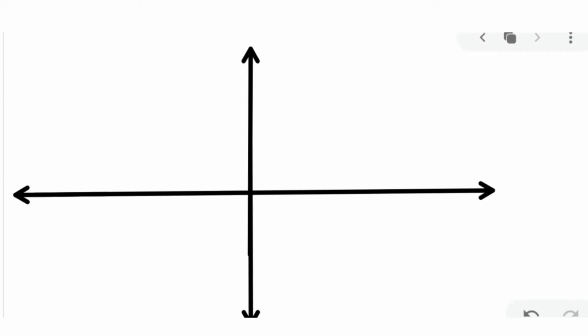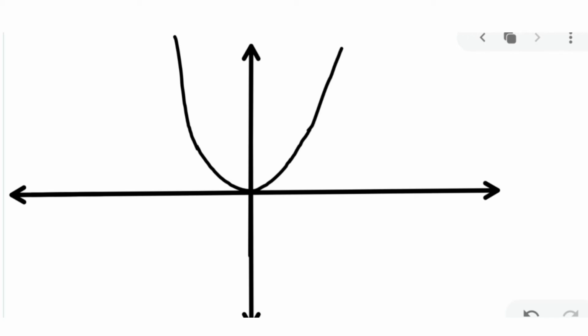We will be plotting the graph of y equals x square. We know that this is the equation of an upward parabola. So let me plot the graph of an upward parabola. And the other equation is given as y equals x.